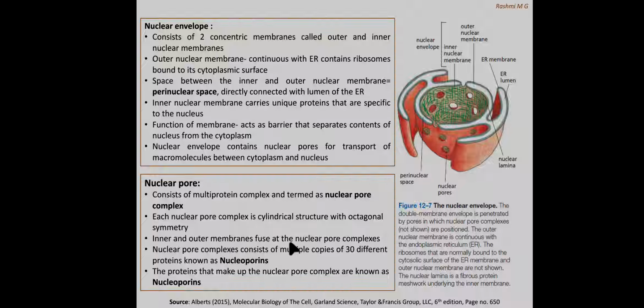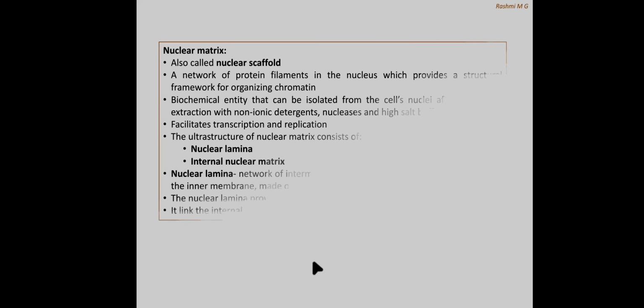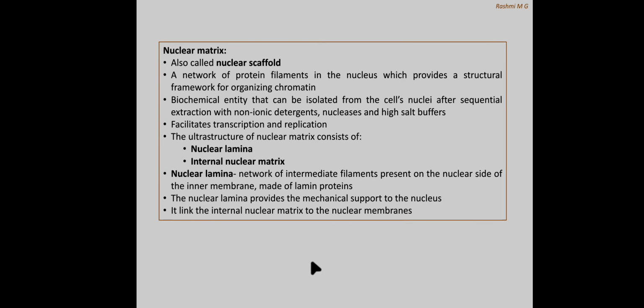The inner and outer membranes fuse at the nuclear pore complex. The nuclear pore complex has about 30 different proteins, and the proteins that make up the nuclear pore complex are known as nucleoporins.